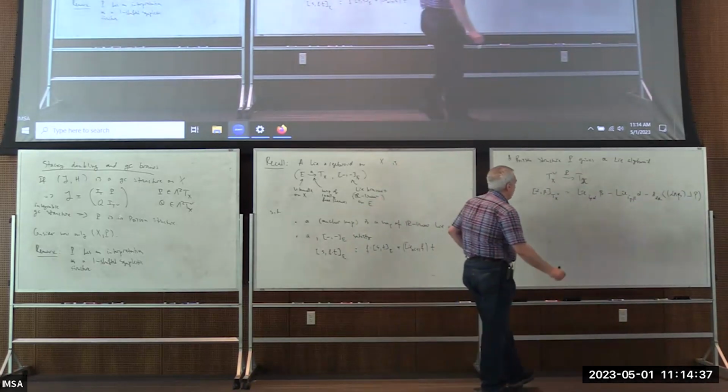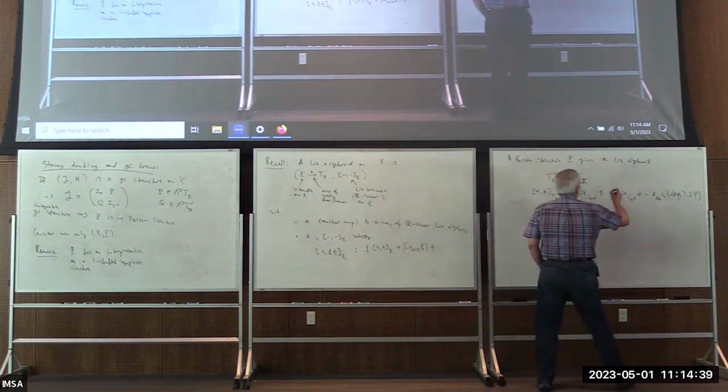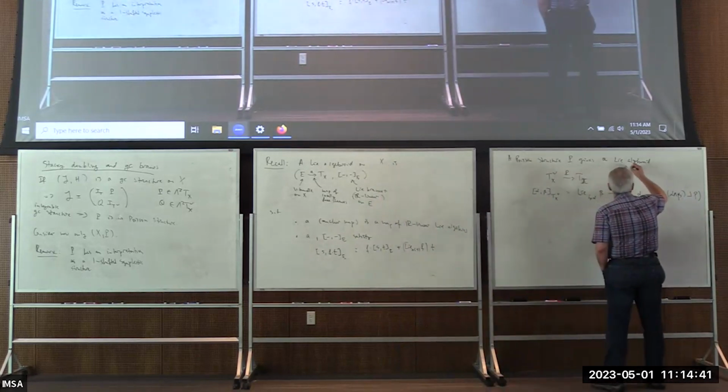So this gives a Lie algebroid. It's called the Poisson Lie algebroid.